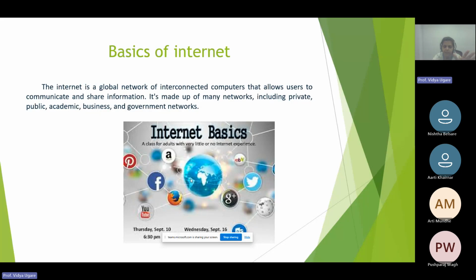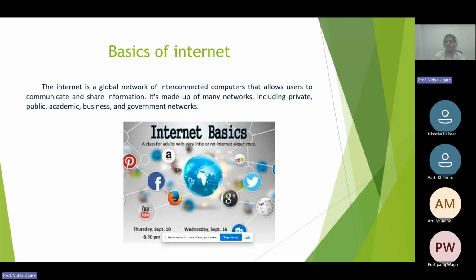But if I want to connect multiple networks like this, is it possible? Yes, it is possible. So when you say internet, it is the collection of multiple different networks. It's not that you are connecting only one lab, or only your home network. You are connecting multiple labs, multiple home networks, multiple offices to one central location. That is the internet.